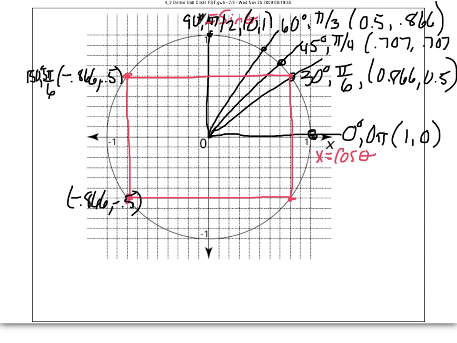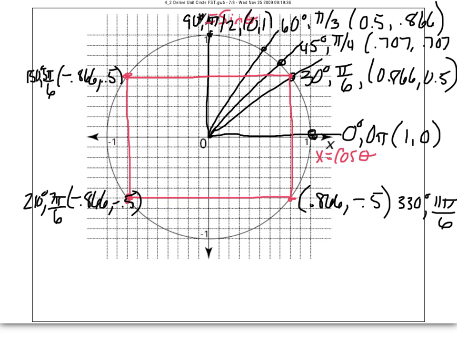The radians and the degrees for this is 210 degrees, and this is going to be at 7 pi over 6. And then the last one over here is going to be a positive right movement and a down movement. And this one happens at 330 degrees or 11 pi over 6.